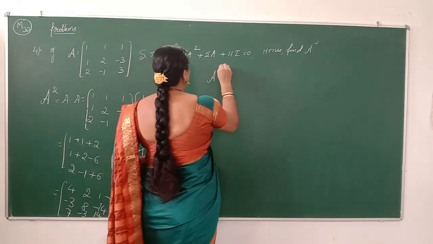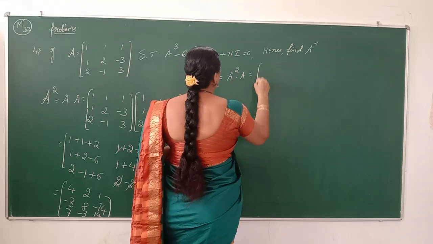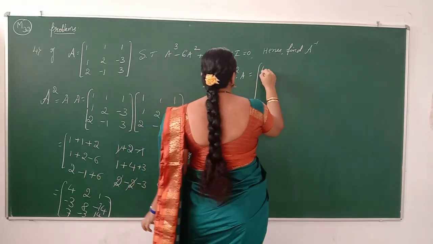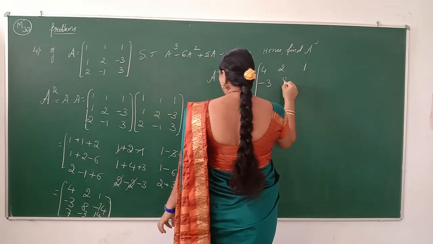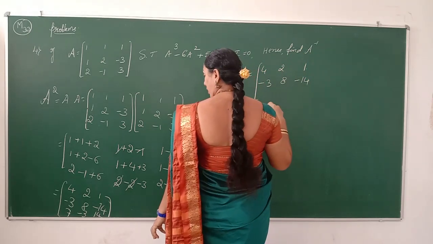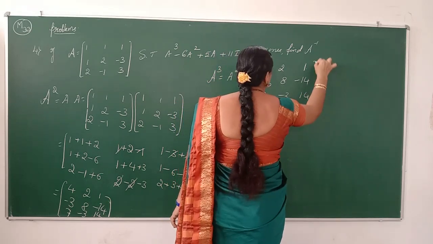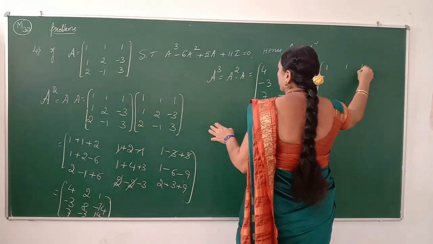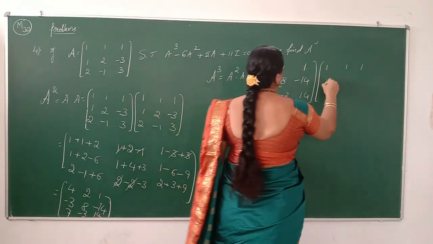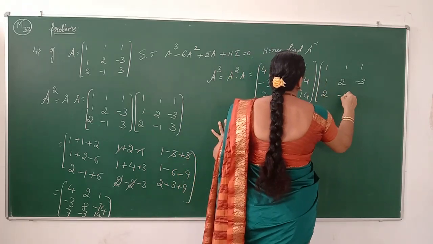Then we'll consider A cube. A cube is nothing but A square into A, where A square is [4 2 1; -3 8 -14; 7 -3 14], into A, which is [1 1 1; 1 2 -3; 2 -1 3].